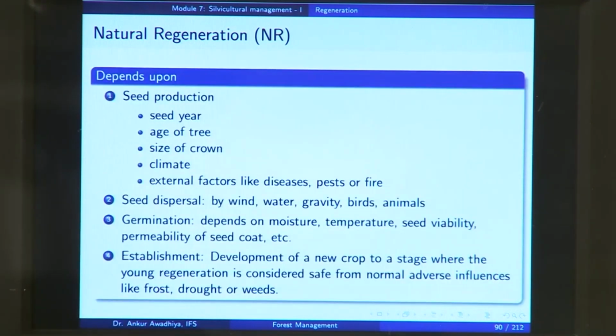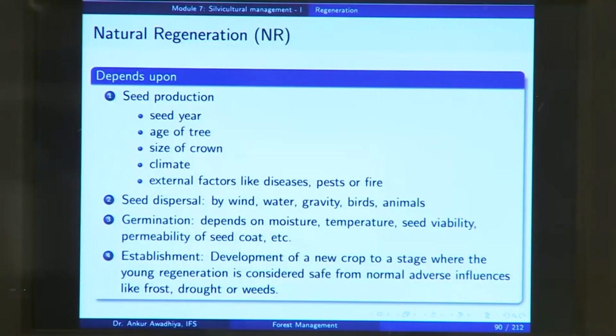Now, natural regeneration is dependent on a number of factors that are mostly out of our control. So, it depends on seed production. So, suppose you went for a natural regeneration and you created a site, you left out the seed trees, but then in that particular year these trees did not produce a number of seeds, or probably they did not produce viable seeds, which means that the seeds were formed, but those seeds were not capable of germinating.